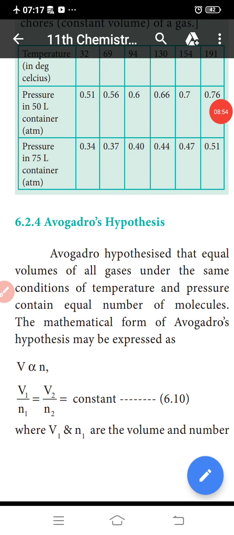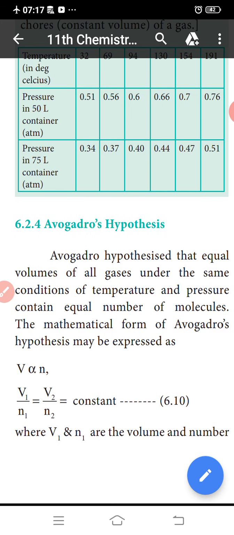The next one, discuss Avogadro hypothesis. The Avogadro hypothesis states that equal volumes of all gases under the same conditions of temperature and pressure contain an equal number of molecules.